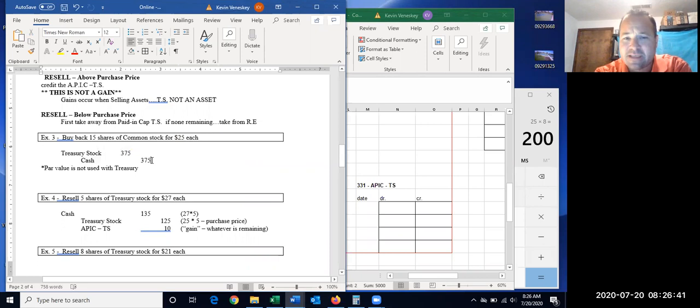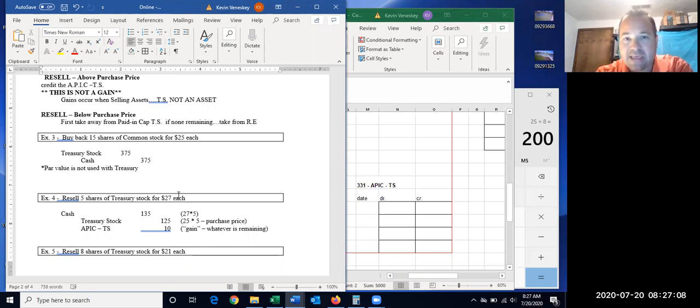Now, just a second ago I had said it's like we gain money. I misspoke there. We sold it for 20, but we're buying it back for 25. So we're actually buying it back for more than what they paid for it. They're getting the gain. But we don't count it as a loss or as a gain when we buy it. Again, it's not a gain or loss, but it helps us to think about it.